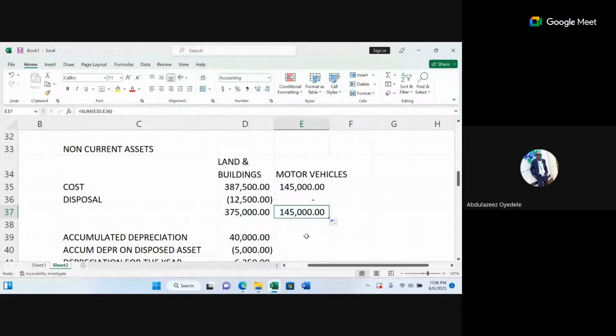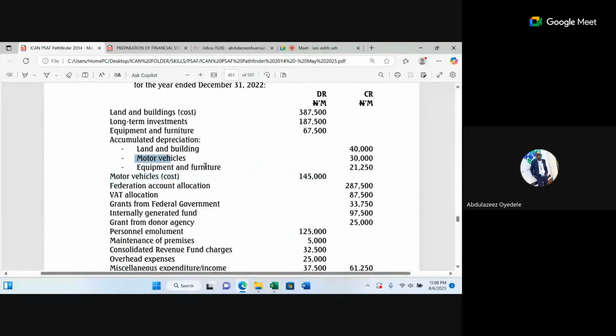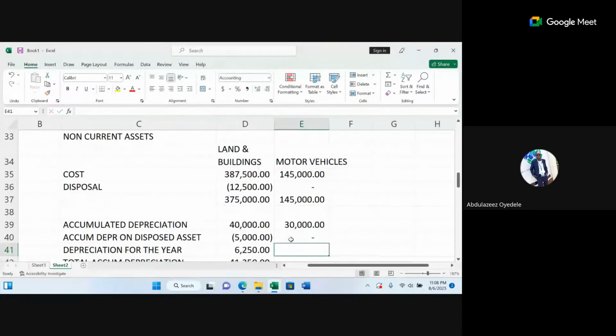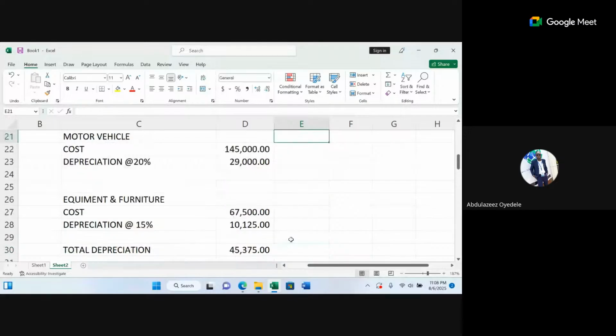Now, accumulated depreciation on motor vehicles is 30,000. So let's bring in our 30,000 accumulated depreciation. And then there was no disposal for motor vehicle, so there will be no accumulated depreciation on motor vehicle to be removed. And then depreciation for the year that we calculated for motor vehicle is how much?